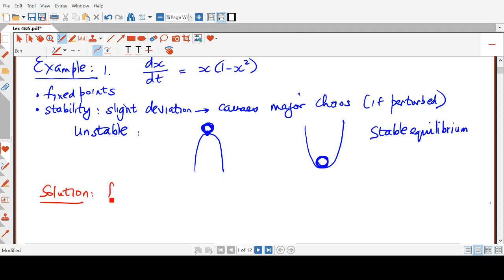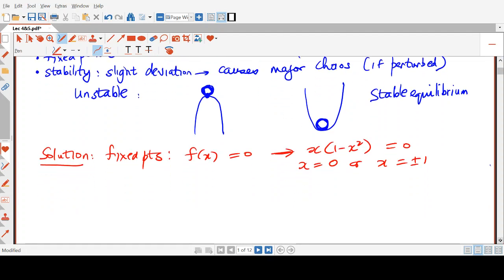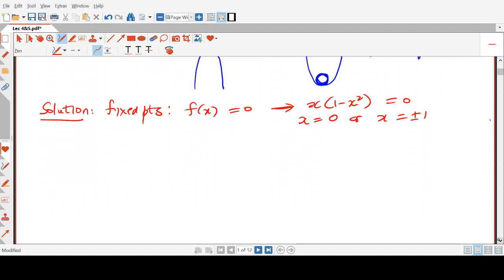So the fixed points are found when f of x is 0. In other words, x times (1 minus x squared) is 0. So x is equal to 0 or x equals plus or minus 1. There are three fixed points: 0, plus 1, minus 1.